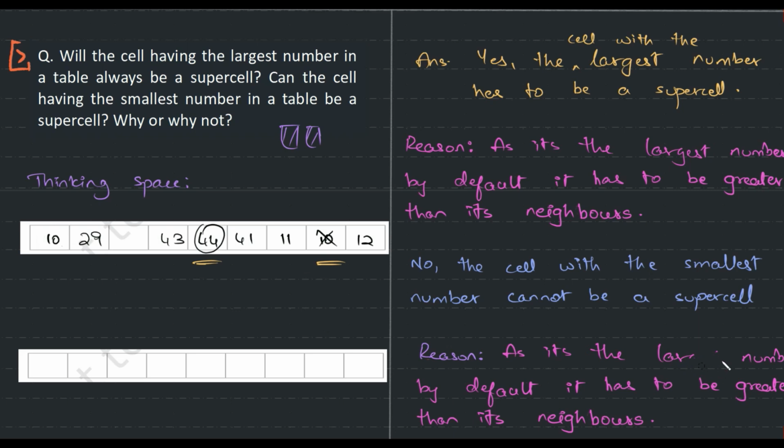As it's the smallest number, by default it has to be lesser than its neighbors, right? And so we have the answer.